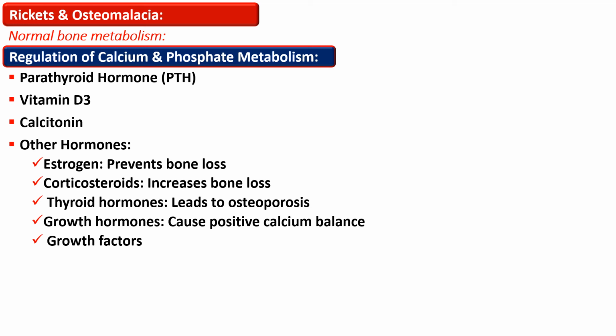Estrogen prevents bone loss, while corticosteroid increases bone loss, as we have seen in the osteoporosis section. Then thyroid hormone leads to osteoporosis, and growth hormone causes positive calcium balance.